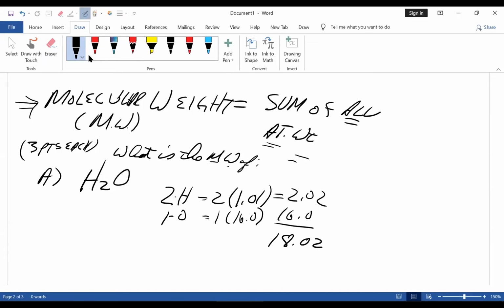Now, when you do addition, you keep the same number of digits past the decimal point as the number that has the fewest. All zeros after the decimal are significant. This has 2, this has 1, therefore this should have 1. Keep this, use that to round off. It's 4 or less. So the molecular weight of water is 18.0. And later on, you'll know this in one system is 18.0 grams.